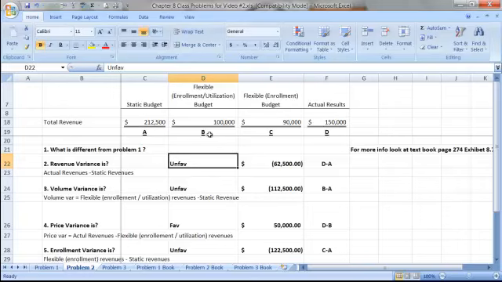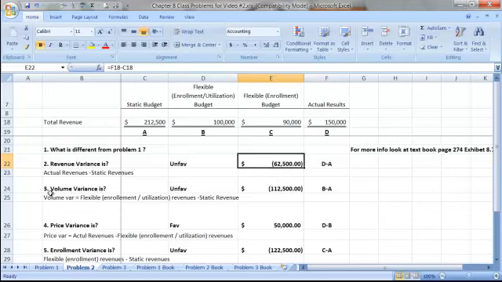We did not do as well as we thought we would. It's unfavorable. Unfavorable, we would take the actual results in column D, and I put little symbols here directing you on what we're doing. So we're taking the actual results minus the static budget and getting an unfavorable variance of 62,500.